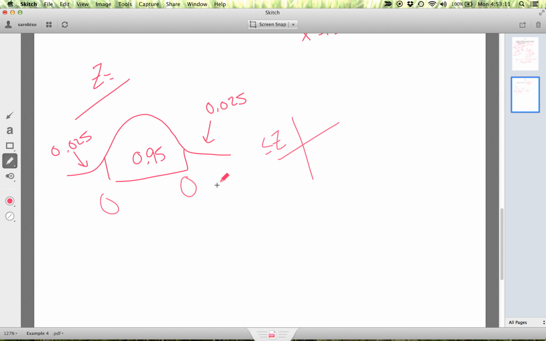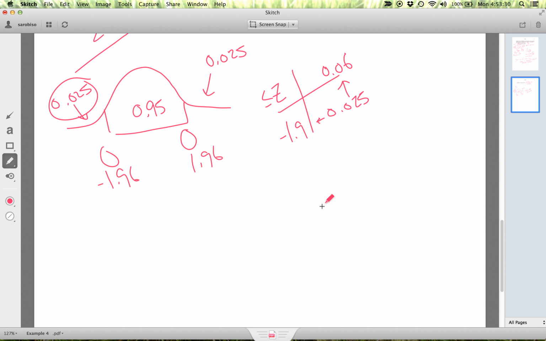I can find these z values by going to my z table and looking up the value 0.025. You'll find it in the negative 1.9 row and 0.06 column. So I have my z alpha over 2 values.